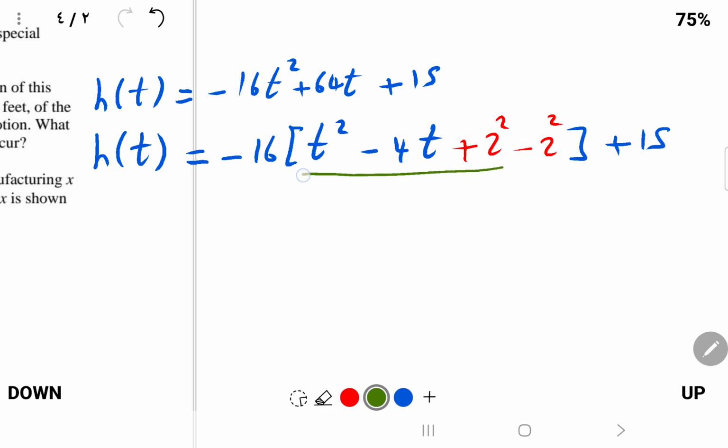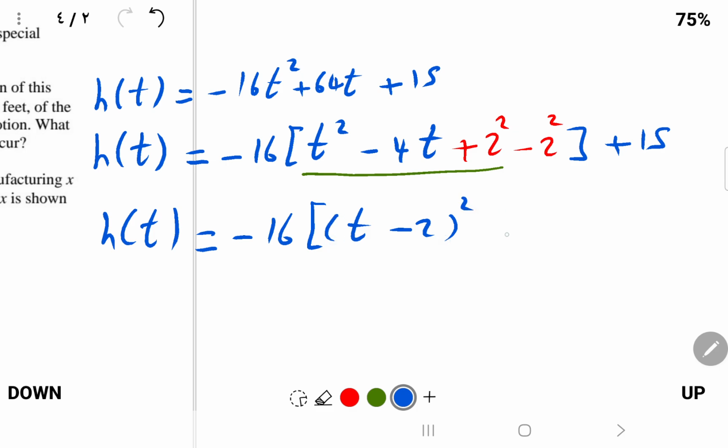The first three terms can be written as a single bracket. So now you have h of t is equal to negative 16 multiplied by (t minus 2) squared, and then you have minus 4, which is this one, and then you close the bracket plus 15. Now you multiply negative 16 by the square bracket.